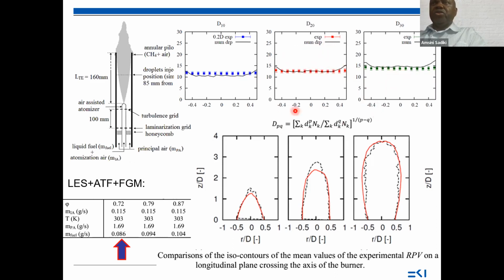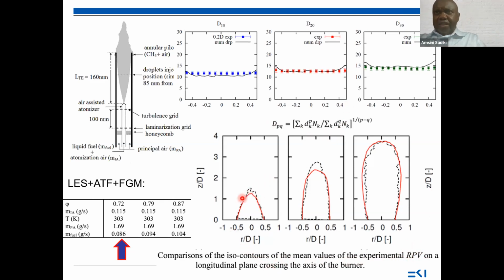And this is the quantity we have used to determine this. That is the D30, D20, and D10, and we can put these and see what we get. And we have tried to compare the iso contour of the mean value of the experimental reaction progress variable on a longitudinal plane crossing the axis of the burner.